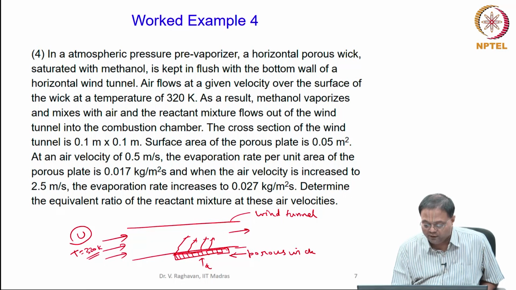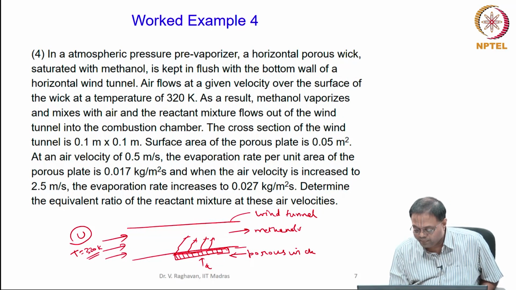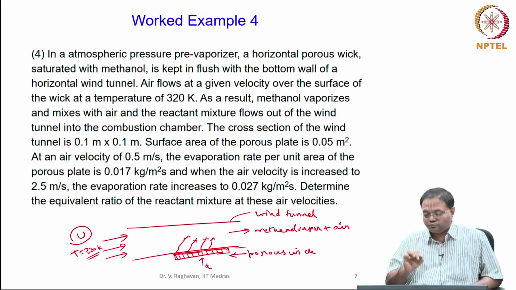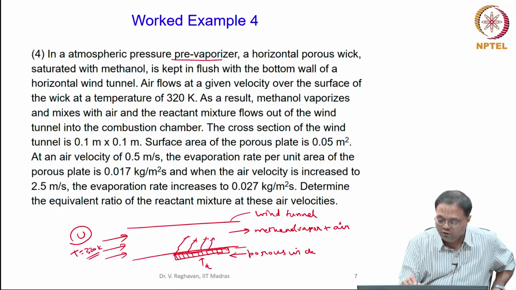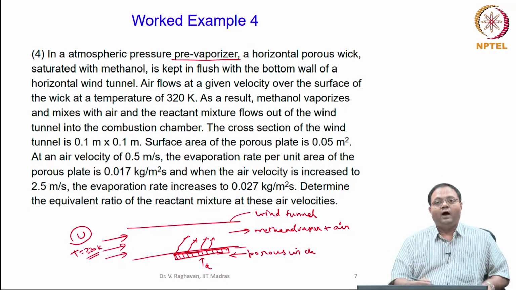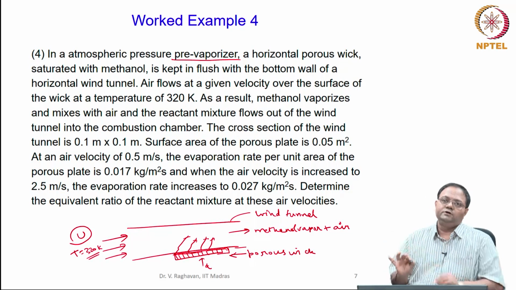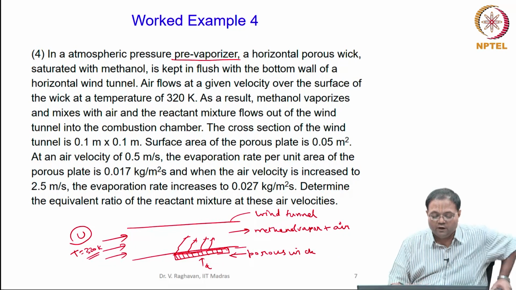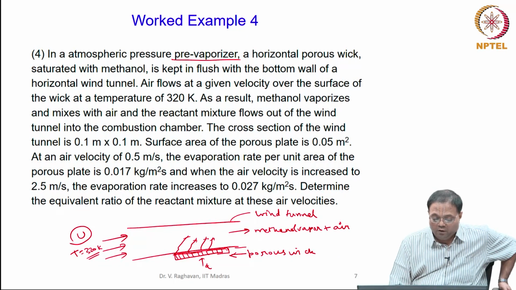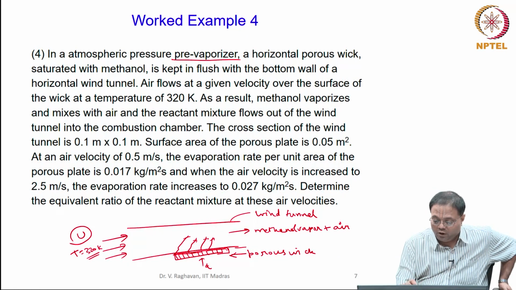So here we get methanol vapor plus air, a pre-mixed methanol vapor and air. This is called a pre-vaporizer. I try to vaporize the fuel, pre-mix it with air and send it to the combustion chamber. Maybe the combustion chamber is next to the wind tunnel. The reactant mixture flows out of the wind tunnel into the combustion chamber.